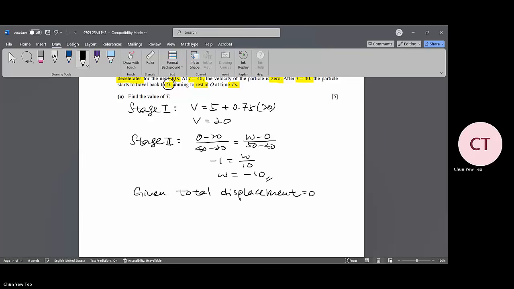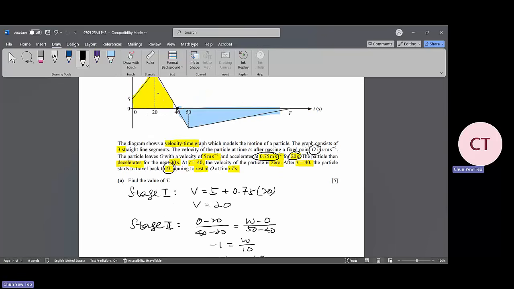Okay, so that means S1 is the time from 0 to 40. The distance travelled is S1, so I will use the area formula.